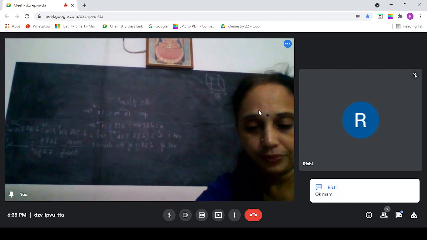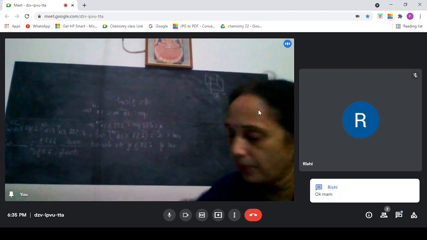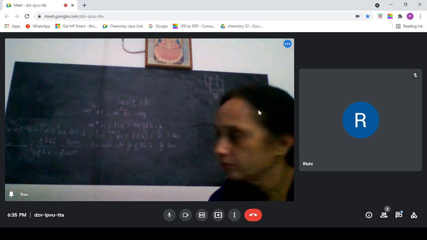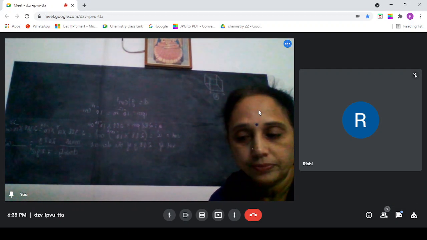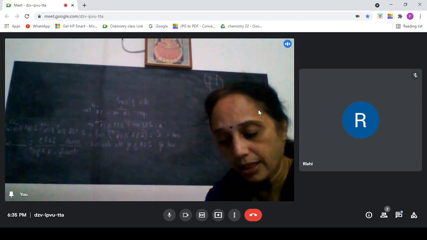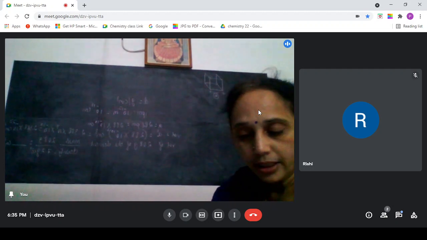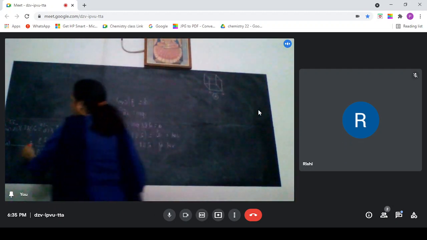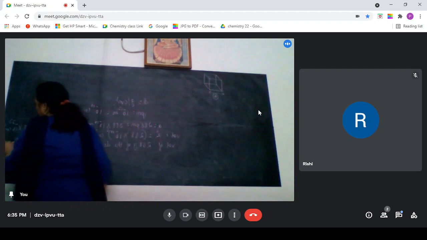So, mass by density: 208 by 7.2. That is equal to 28.88 cm cubed.